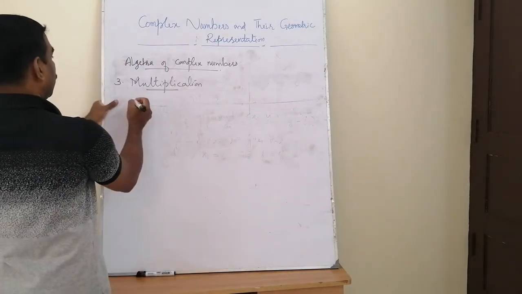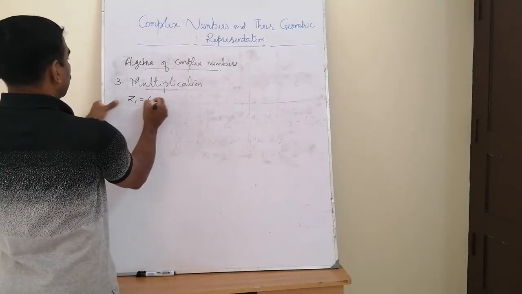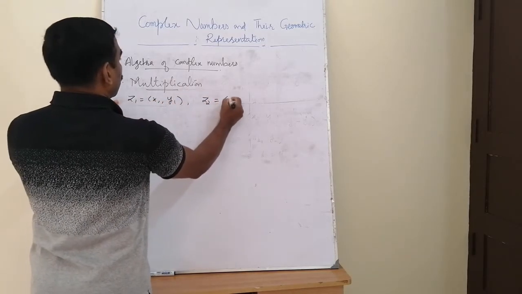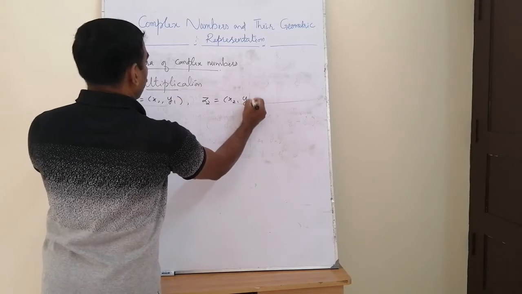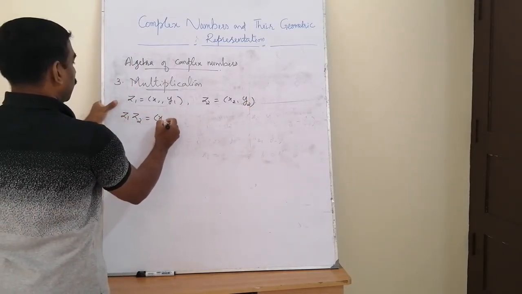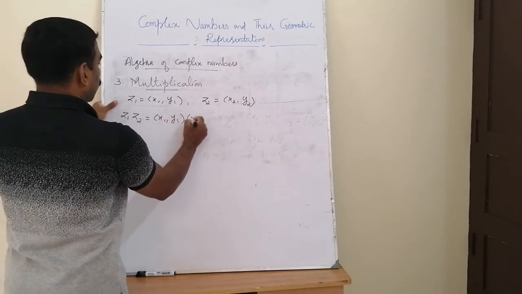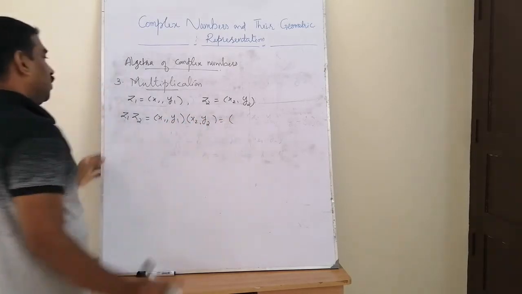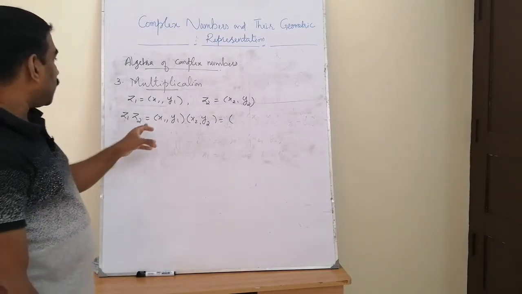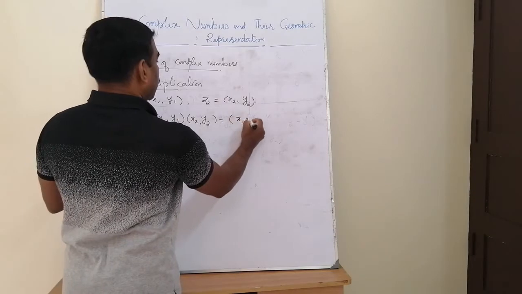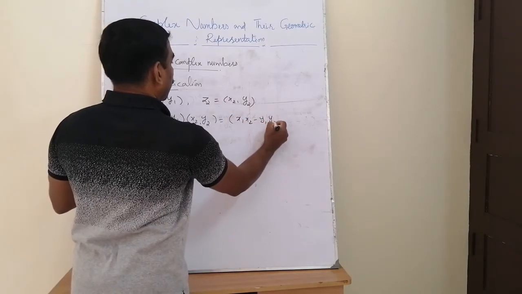See the definition of multiplication for two complex numbers. Say z1 is equal to (x1, y1) and z2 is equal to (x2, y2). Their product z1 z2 is defined as (x1, y1) into (x2, y2), a new complex number with real part x1 x2 minus y1 y2.